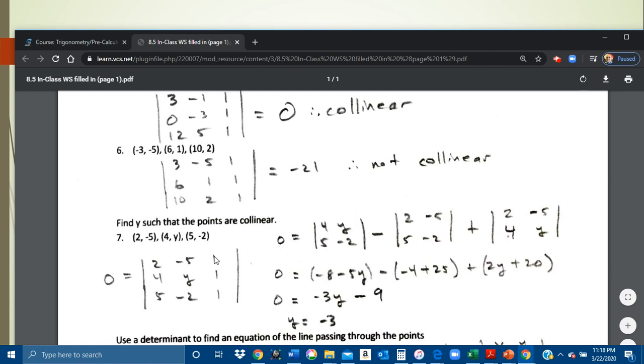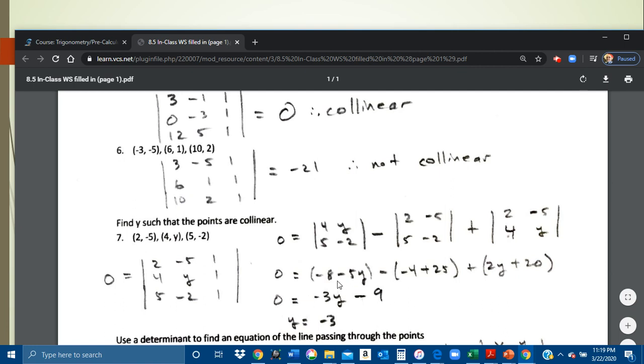So I'm going to use column 3, 1 times this minus 1, because it's plus minus plus, plus 1 times this. So I've got 4y, 5, -2, so it's -8 minus 5y minus -4 minus a -25 plus 25 plus 2y minus a -20, so plus 20.